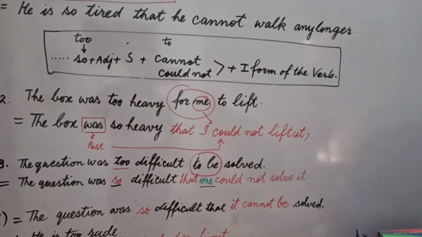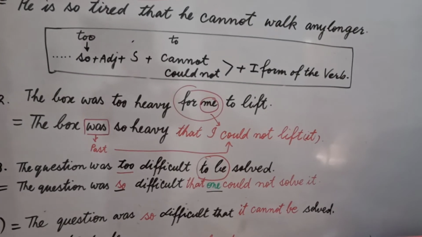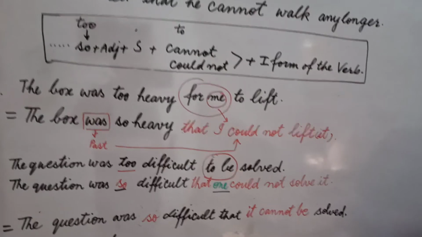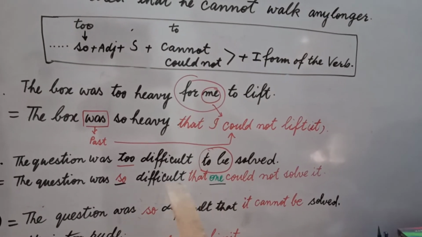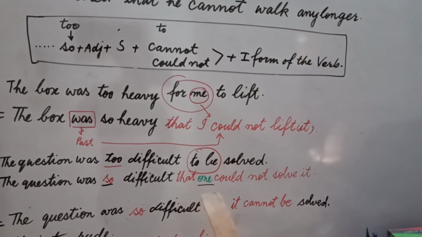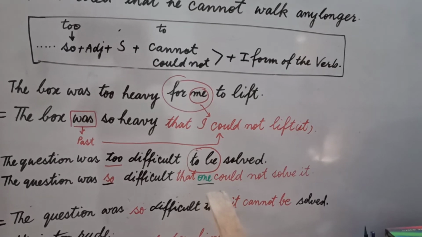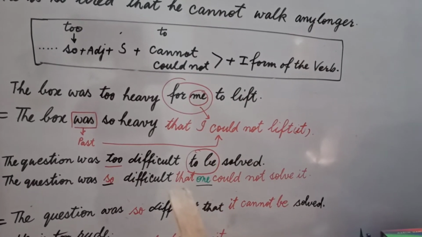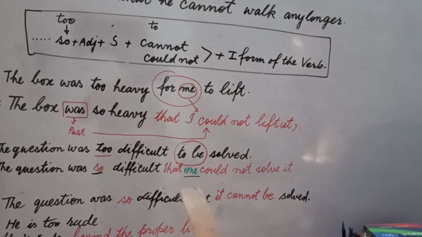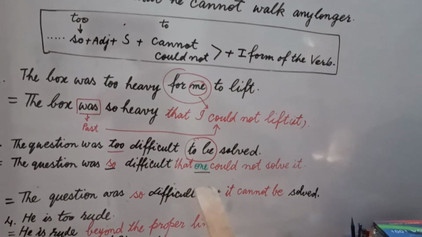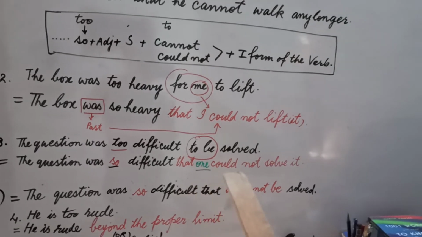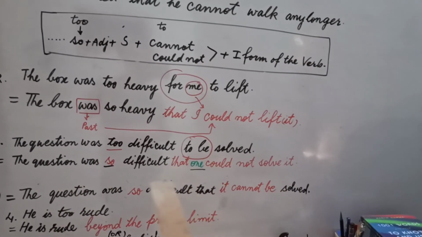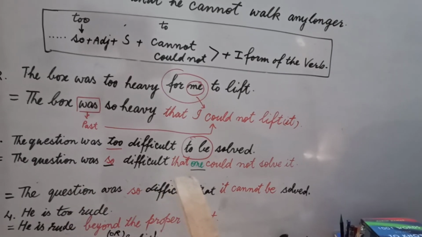Then whenever we don't have any subject and we want to write the second part in active voice, we will write like this: we add "one". Whenever we don't have any subject in the second part, we write "one" after "that". That's why I have pointed it out in green color. "That one could not solve it" means the question was so difficult for everybody.